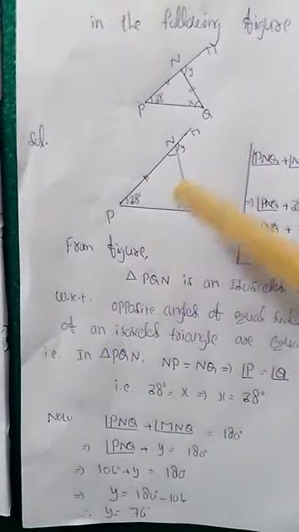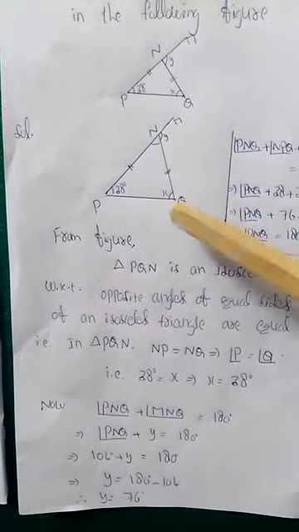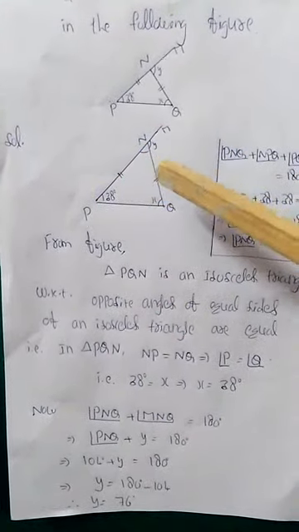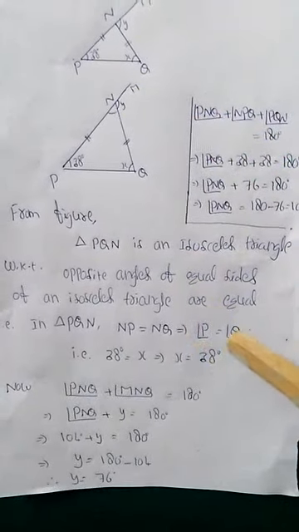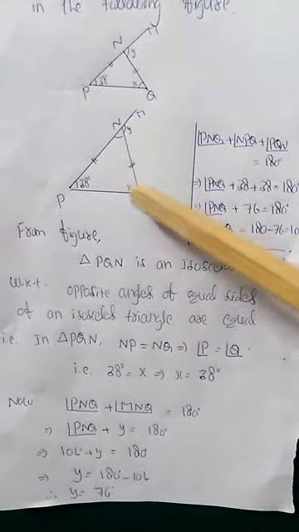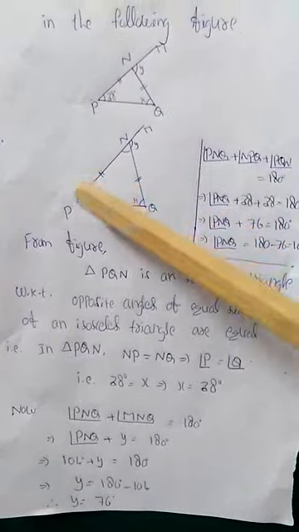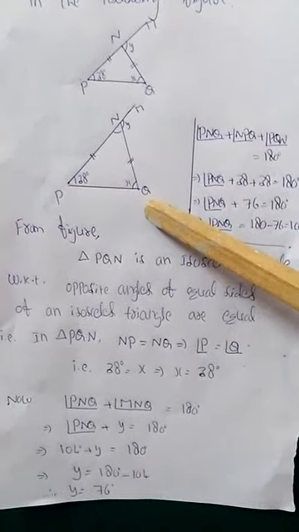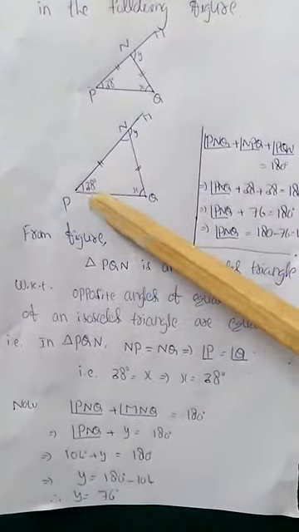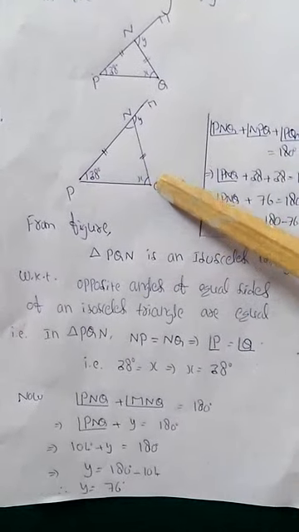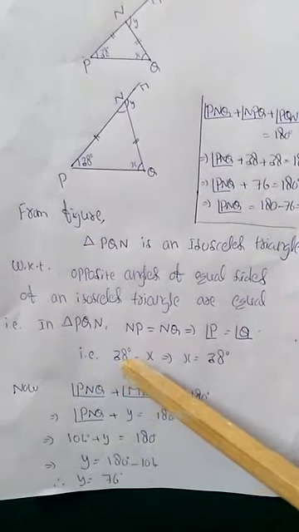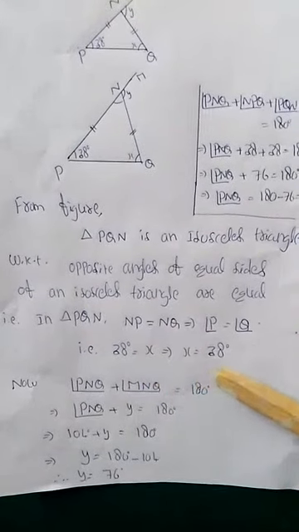That means in this triangle PQN, NP is equal to NQ. Two sides are equal, then their opposite angles: angle P is equal to angle Q. NQ's opposite angle is P. NP's opposite angle is Q. So angle P is equal to angle Q. If angle P is 38, then angle Q is also 38. That means 38 equals x. X value is 38.